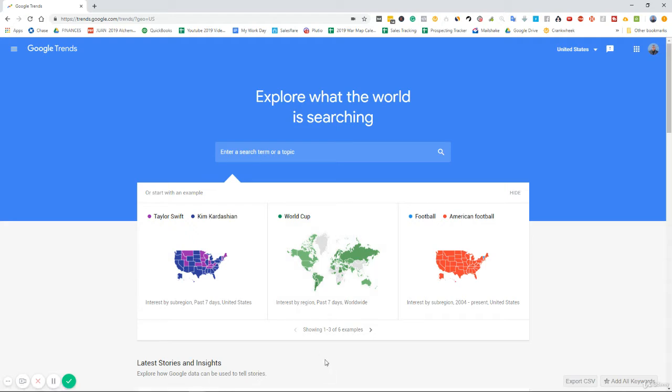But in actuality, it's really about typing in specific keywords that you think your customers may be typing in, and the trend over time. For example, one popular term that I know has skyrocketed in the last 3 or 4 years is influencer marketing, and Shopify.